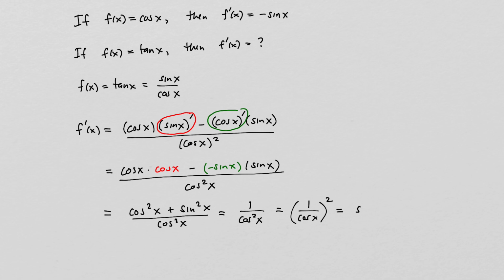But 1 over cosine is secant. And secant quantity squared is secant squared. So we now know that if f of x is tangent of x, f prime of x is secant squared of x.